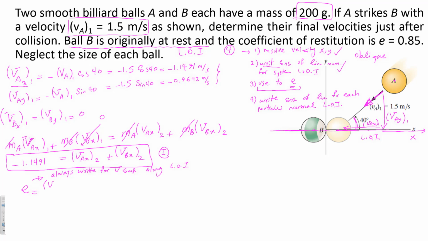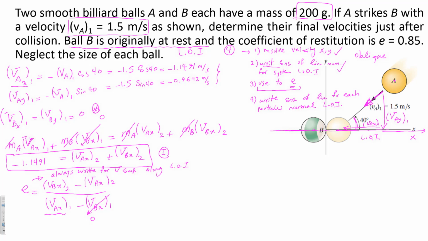So e equals VBX2 after the impact minus VAX2, divided by VAX1 minus VBX1, which is 0.